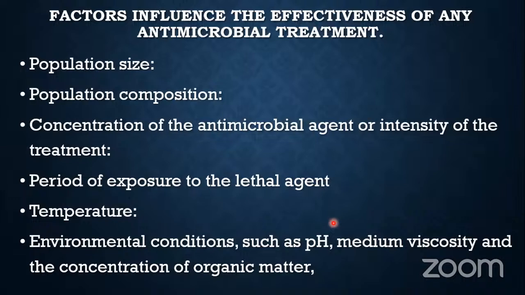Environmental conditions such as pH, like we said, some organisms which prefer to grow at a particular pH must not be treated at that pH concentration. They must be subjected to an alternate pH so that the antimicrobial agent may have effect. Certain antimicrobial agents may not function in the presence of certain pH.